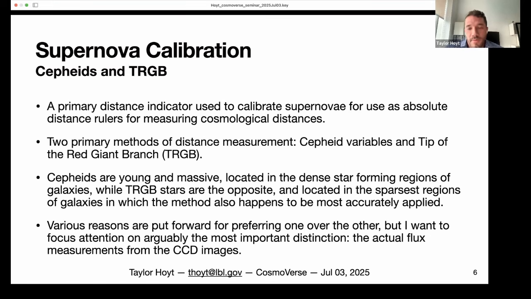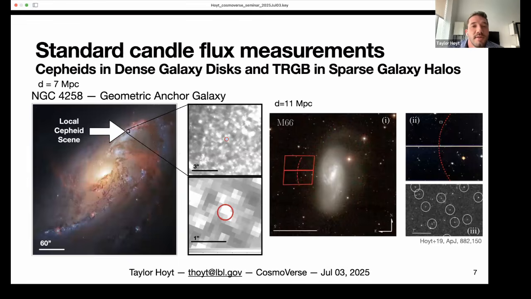Various reasons are put forward for preferring one over the other, but really I want to focus most of the attention today on what I think is the most important distinction, the actual flux measurements on the CCD images themselves, which are vastly different for the two methods, based on the point above about where they are located in these astrophysical objects.